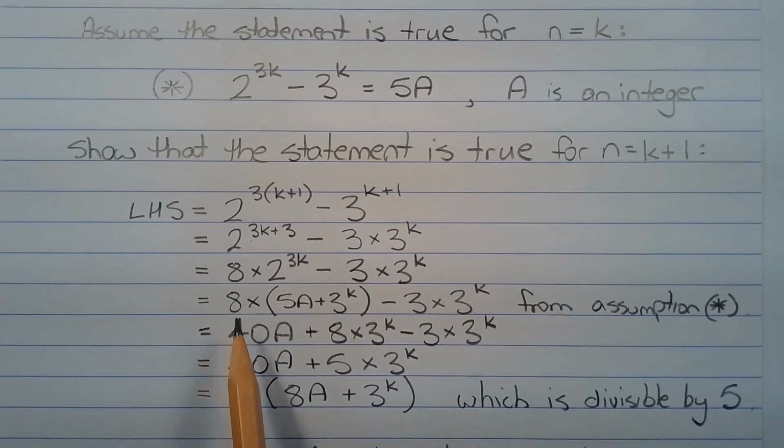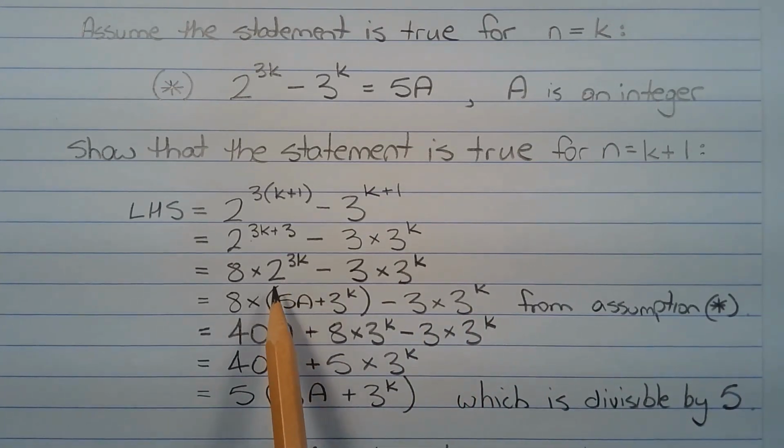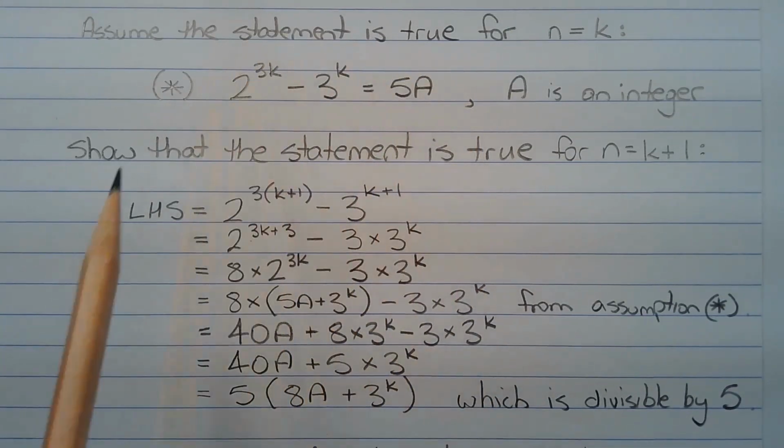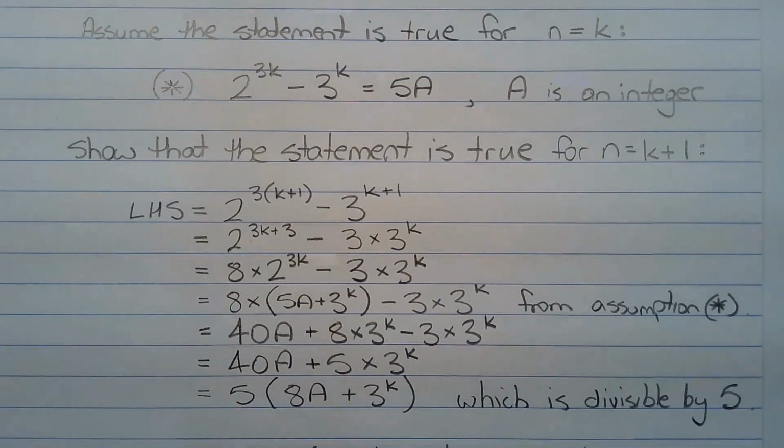which equals 8 times 5a plus 3 to the power of k minus 3 times 3 to the power of k from the assumption. So I've replaced 2 to the power of 3k with 5a plus 3 to the power of k by rearranging the assumption. And that equals 40a plus 8 times 3 to the power of k minus 3 times 3 to the power of k, which equals 40a plus 5 times 3 to the power of k after combining the like terms.